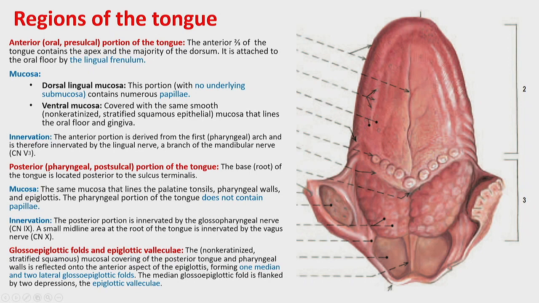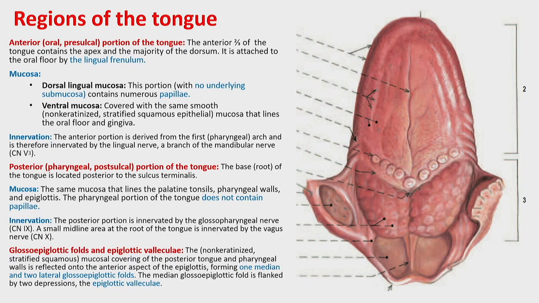The posterior one-third, which doesn't have papillae and contains the lingual tonsil, has the same mucosa that you have in the pharyngeal wall or epiglottis, which is here. The posterior one-third is innervated by the glossopharyngeal nerve, and a small portion in the center is innervated by the vagus nerve.